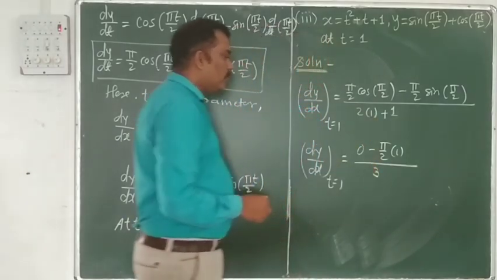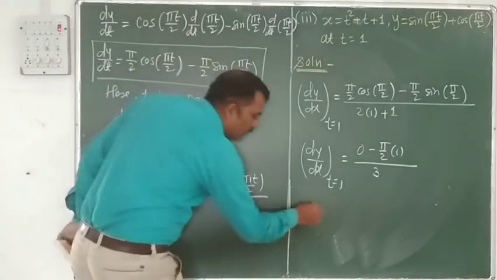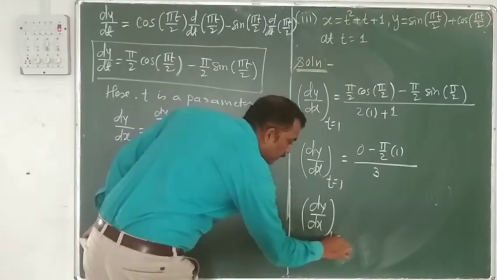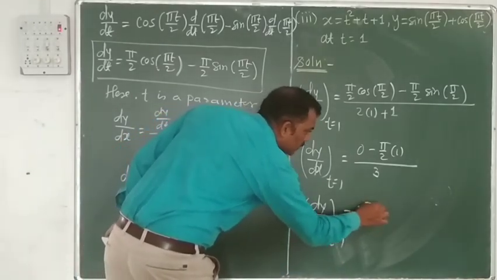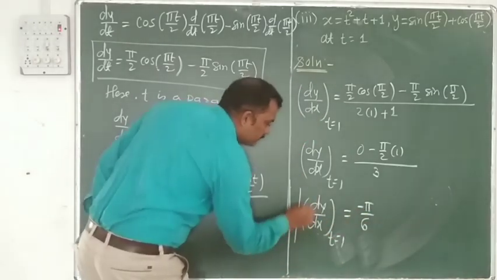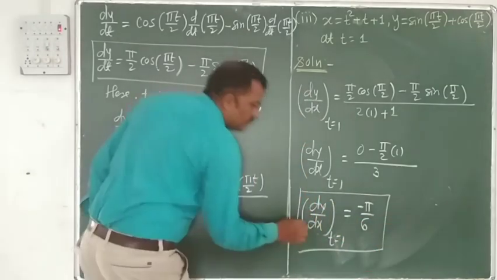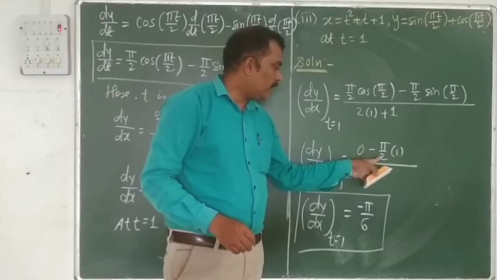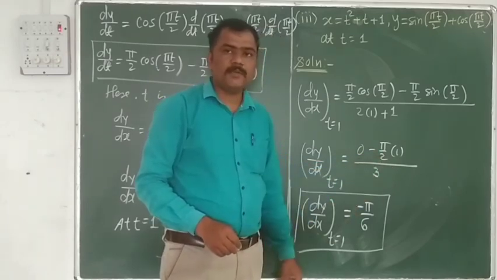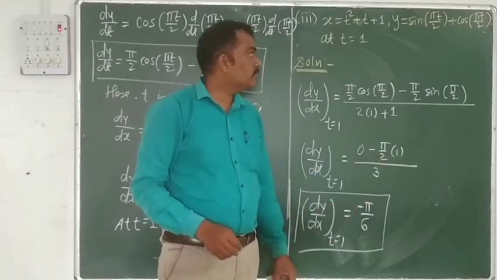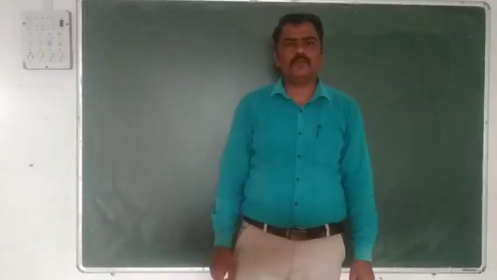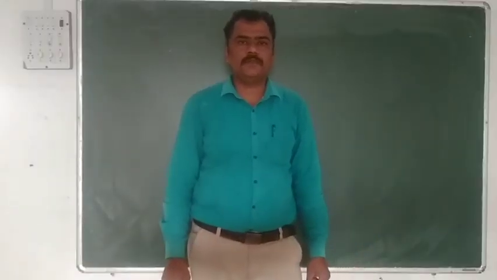So we get dy by dx at t is equal to 1 is equal to minus pi by 2 divided by 3, which is nothing but minus pi by 6, which is the required answer. The remaining examples we will discuss in the next video.